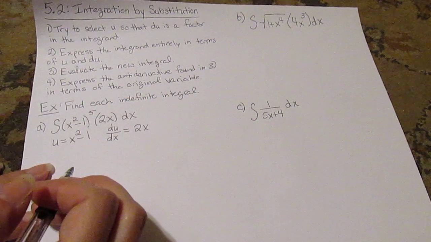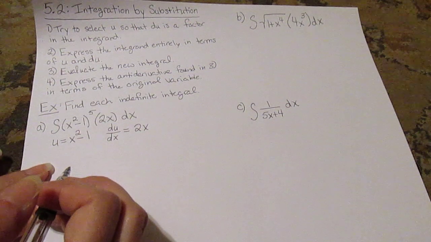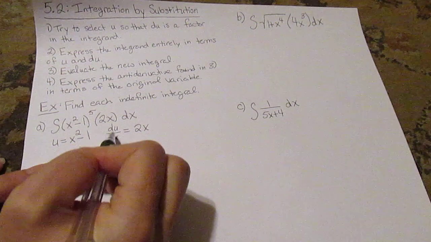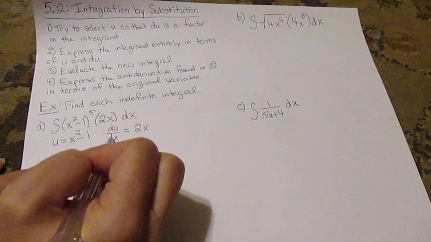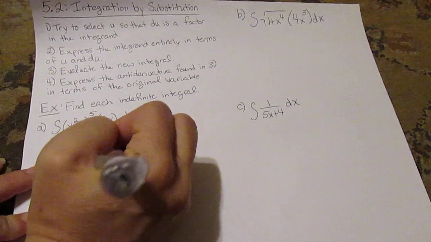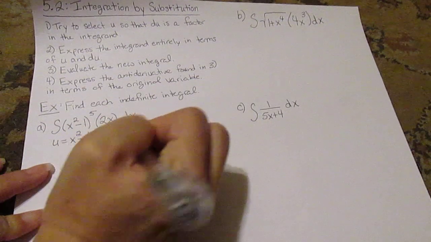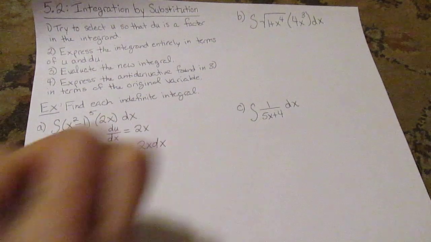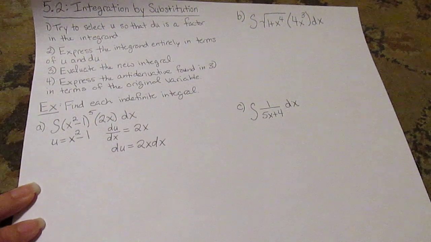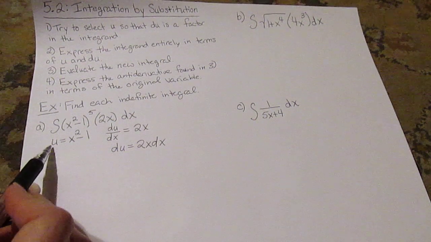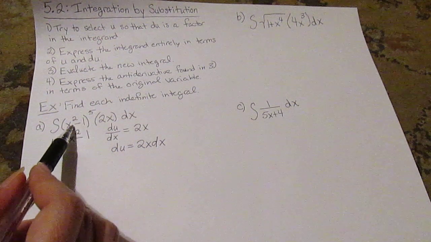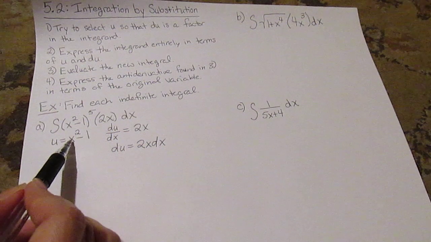Okay, but we want to write our problem entirely in terms of u and du. So I'm going to solve for du here. I'm going to multiply by the dx. And then we can rewrite our problem in terms of u and du. Because our u, we're going to replace the x squared minus 1.